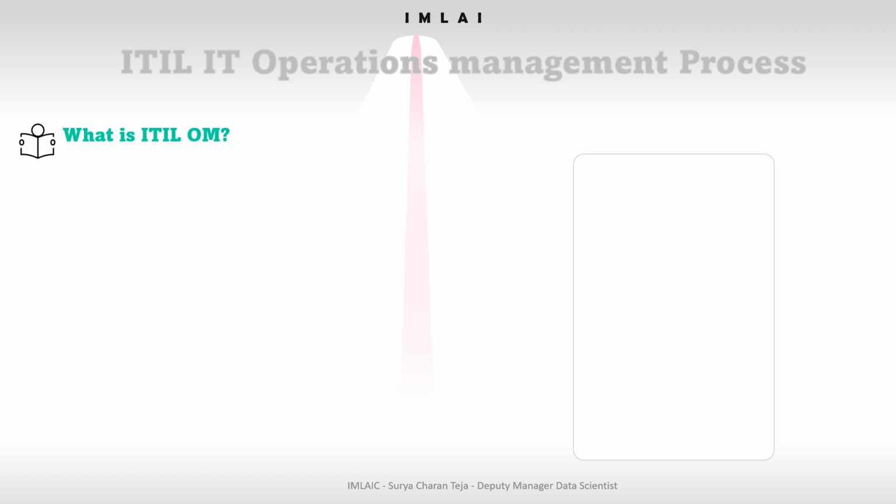ITIL framework, we have just discussed what it is, and it consists of many functions, out of which ITIL OM, that's operations management, managing the operations, is one of the main functions that is used heavily by our IT companies. The function is responsible for managing capacity, performance, and availability of all components used in the organization's IT infrastructure.